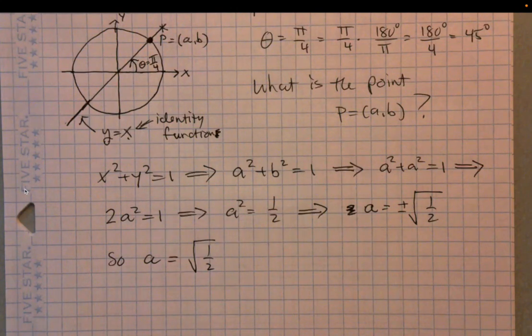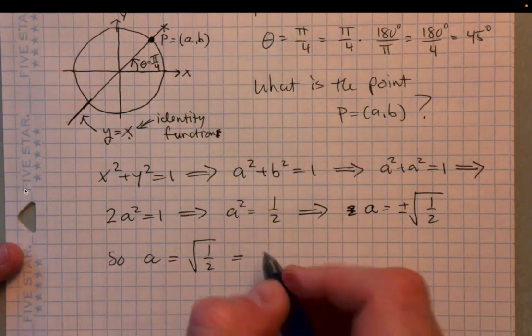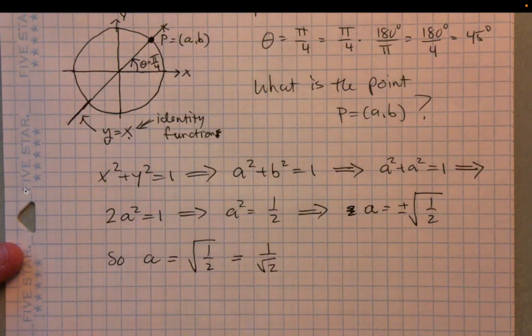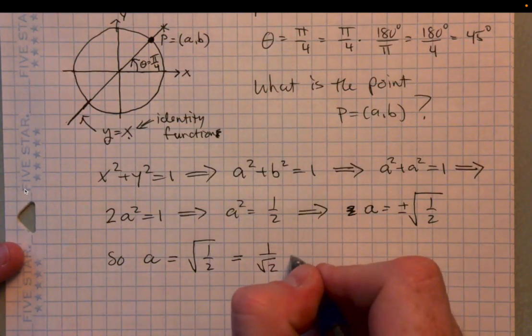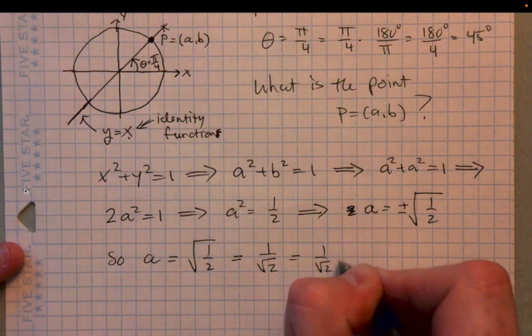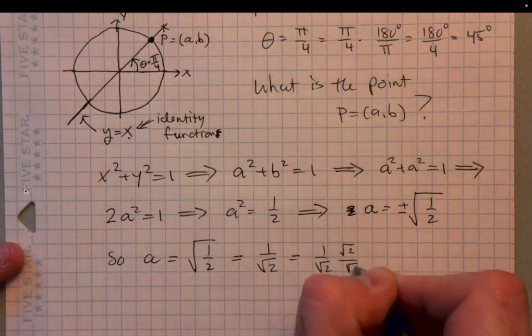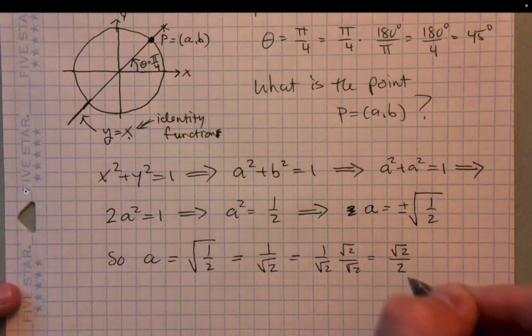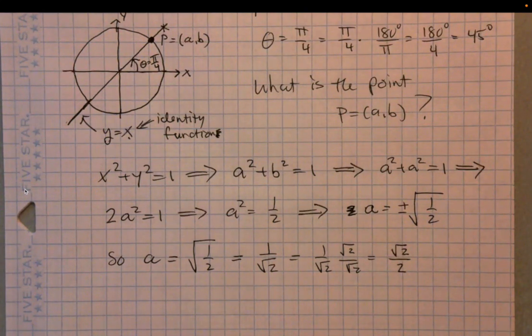A better way to write that would be 1 over the square root of 2, and we can rationalize the denominator here, just like we talked about. You'll see that this is equal to the square root of 2 over 2. So A is equal to the square root of 2 over 2.